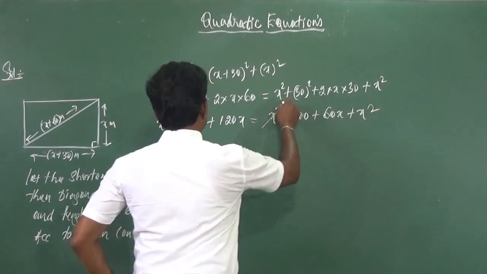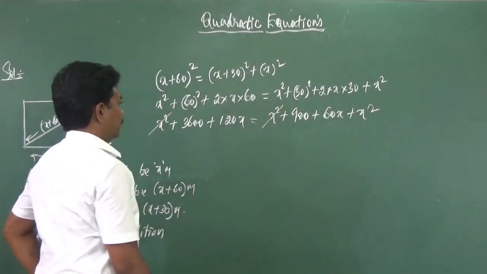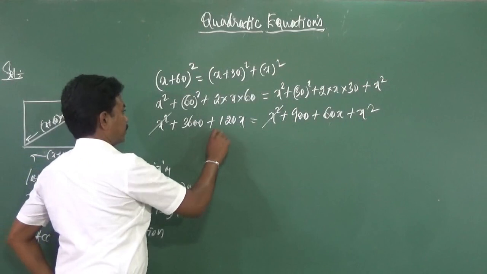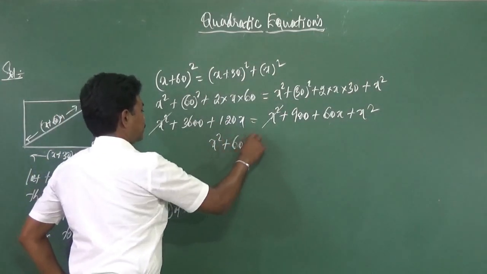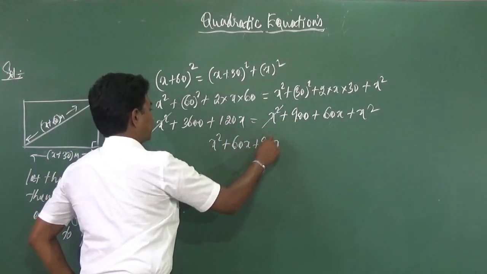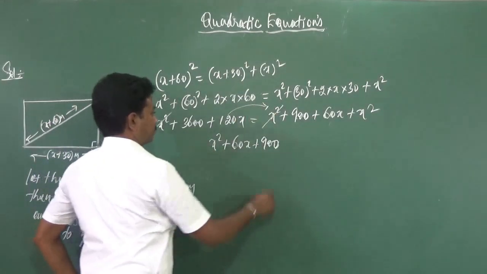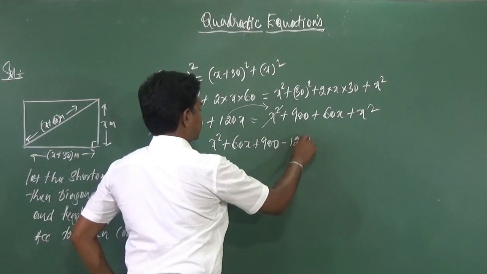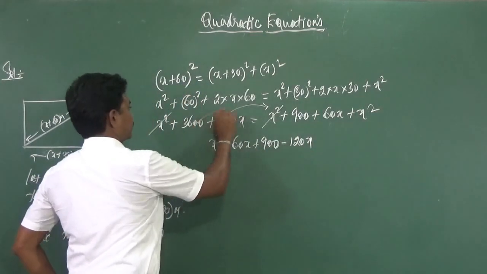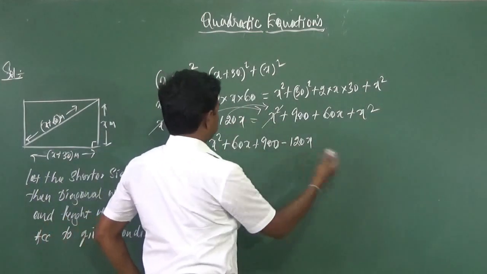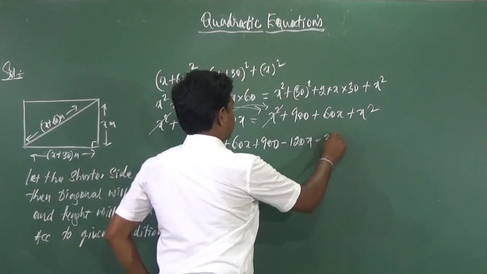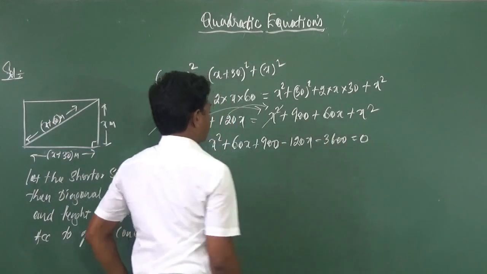So this x square gets cancelled. So x square plus 60x plus 900, and 120x on getting into the RHS becomes minus 120x, and plus 3600 transposing to the other side becomes minus 3600, is equal to 0.